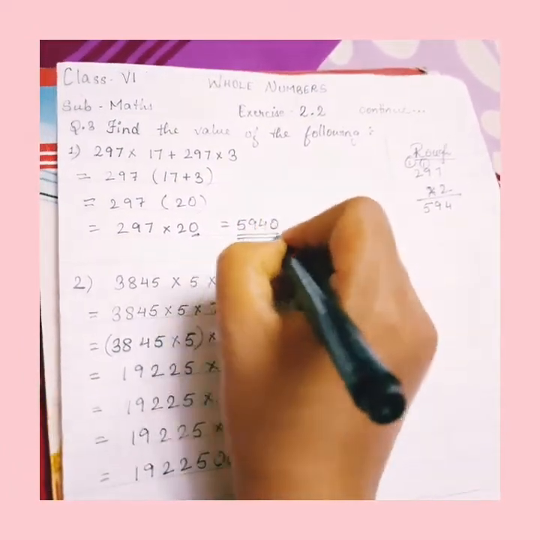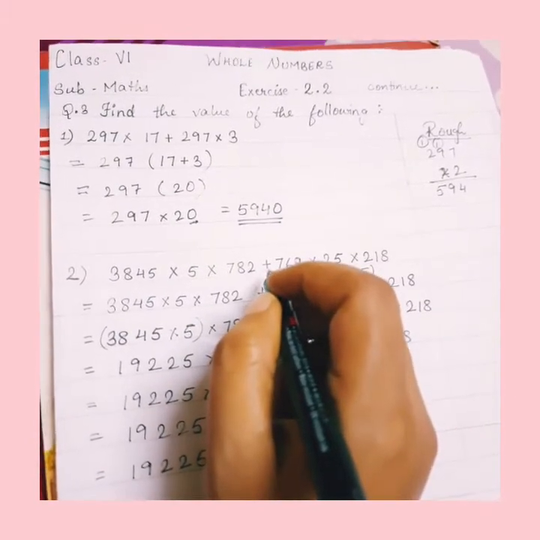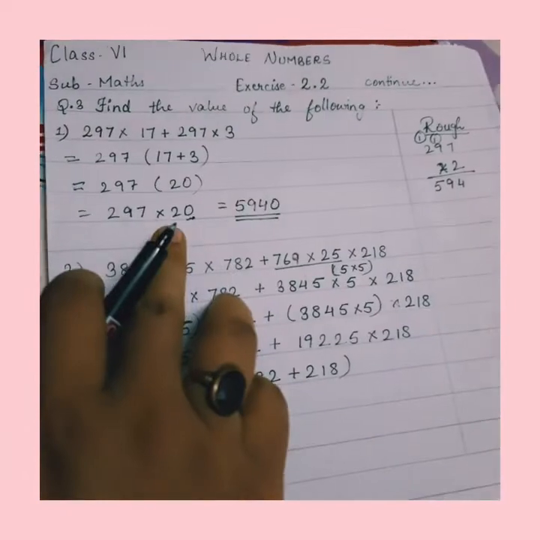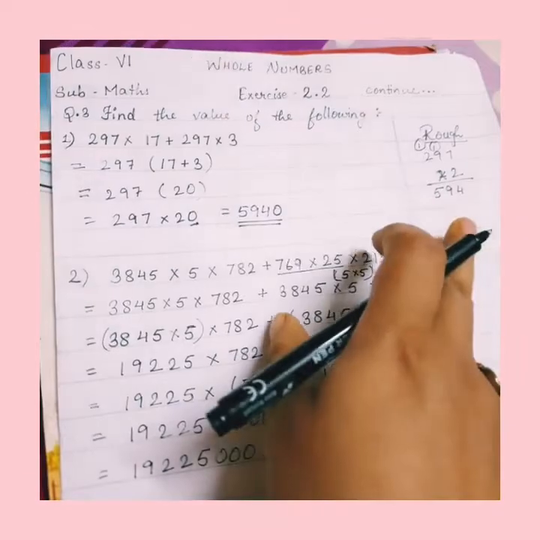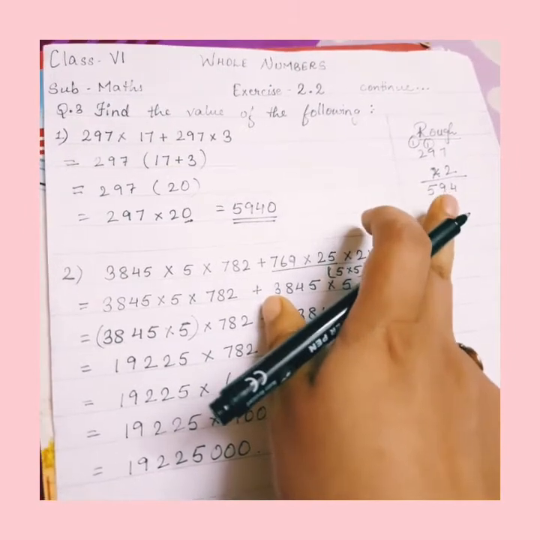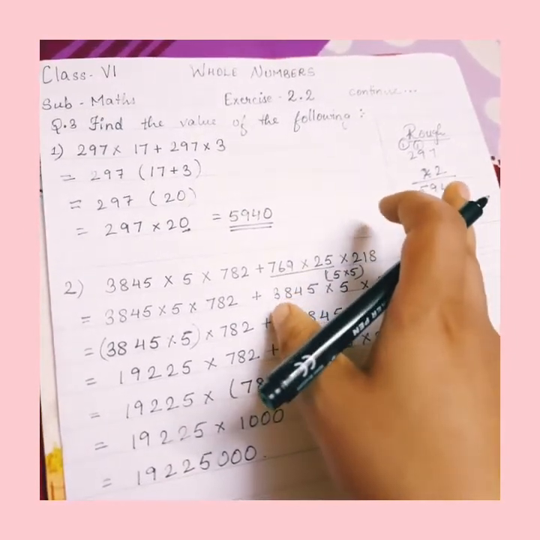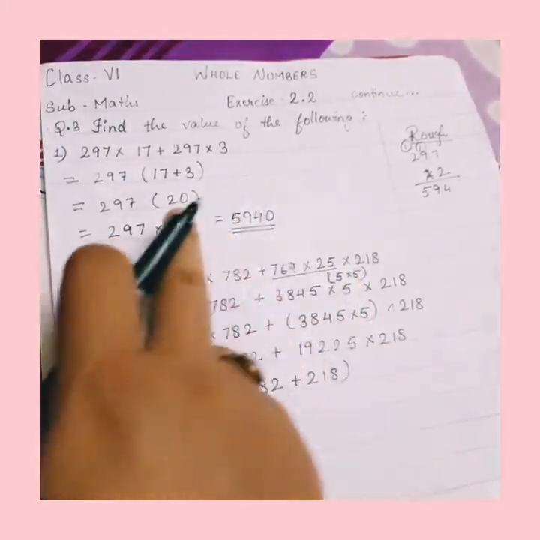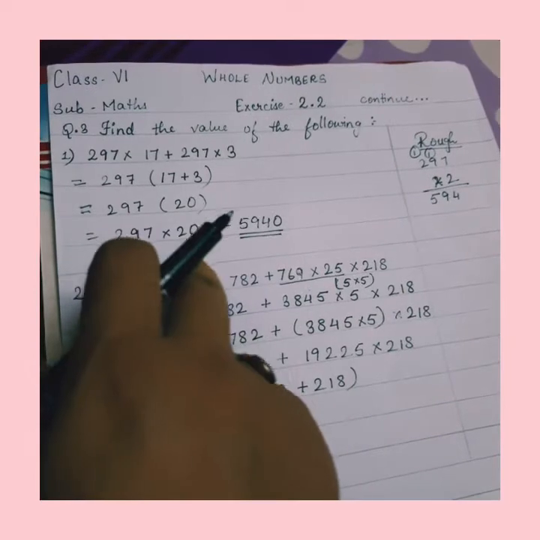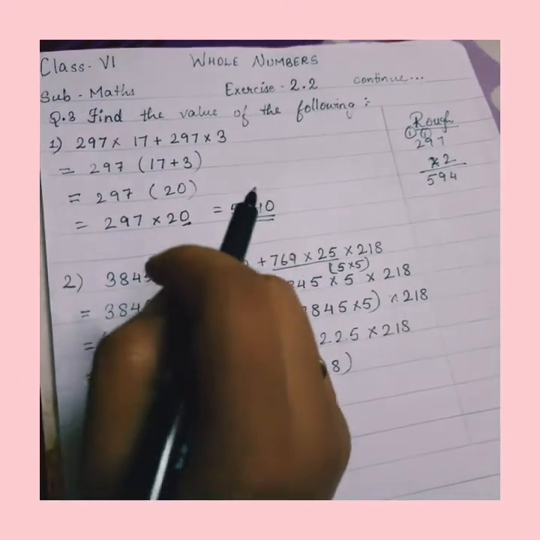So your answer will be 5940. As you can see here, instead of multiplying with 20, I just multiplied it with 2, and this makes my calculation easier and it also consumes less time. So for doing this only I have done this rearrangement and found 1 zero at the end of one number.